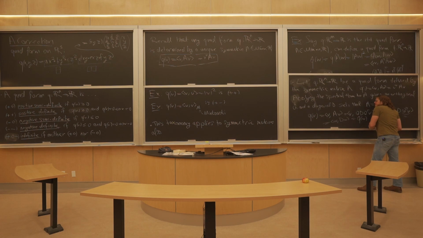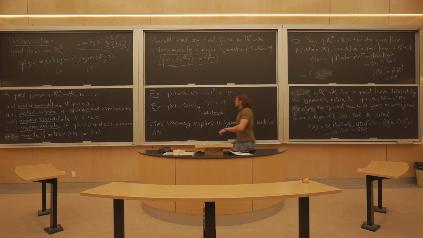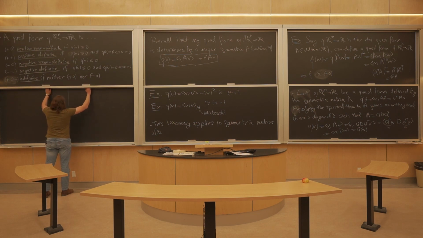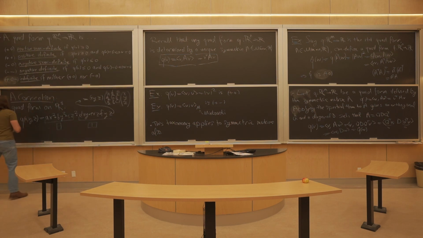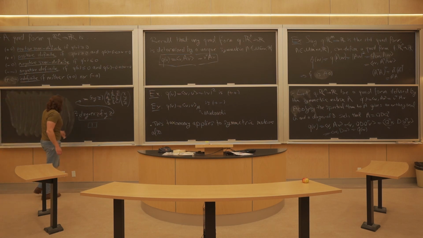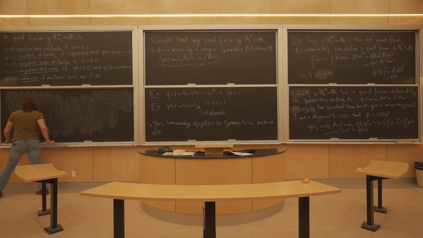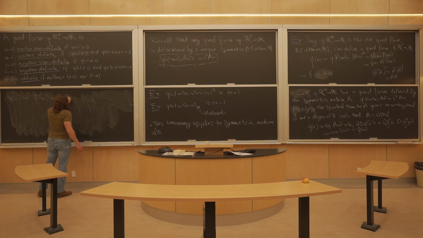Maybe I should write this even more explicitly. So Q of V equals Q hat of W, which according to that is W against DW.